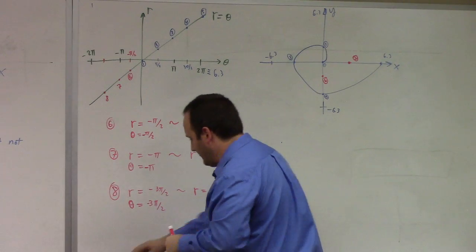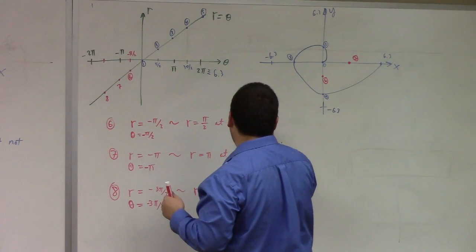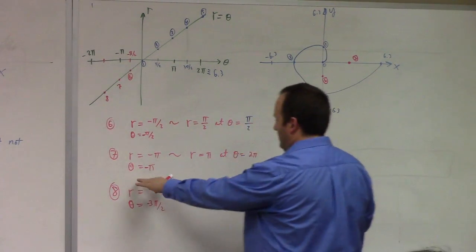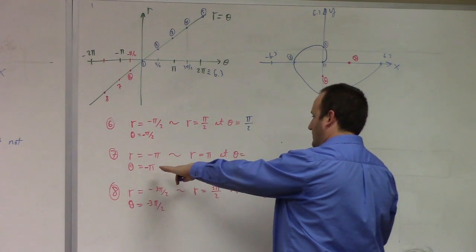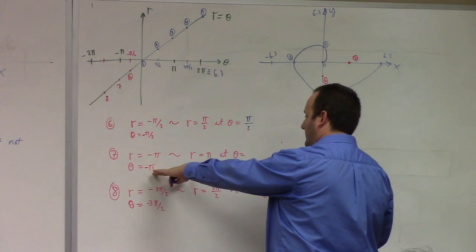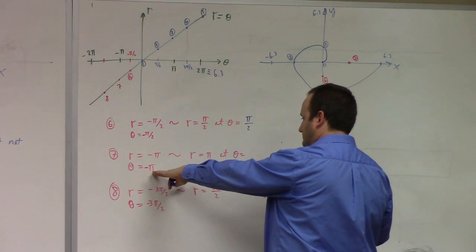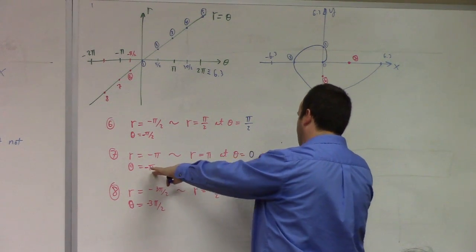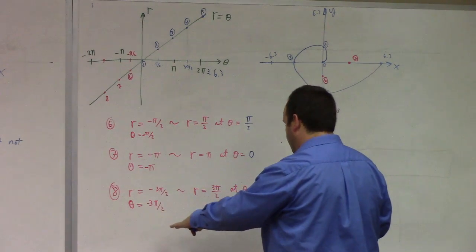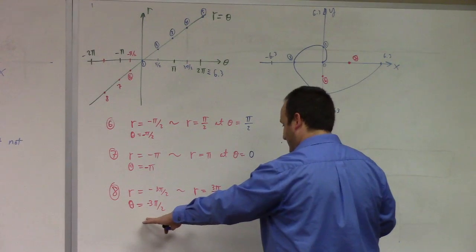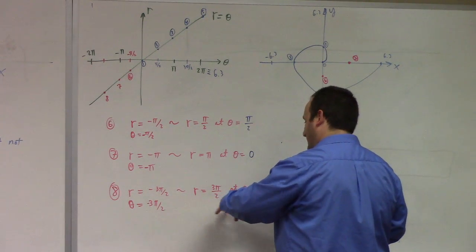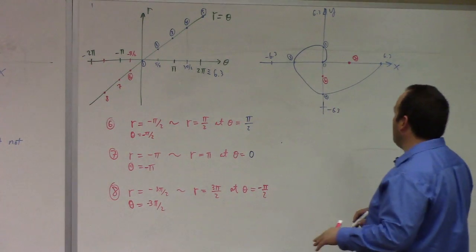Let me fix that, pi over 2 here, right? And this one was what? Add minus pi, add pi, what do you get? 0, right? And this one, I finally got to doing the right thing here. Okay, fine. Now, does that change my picture at all? Or did I get lucky?